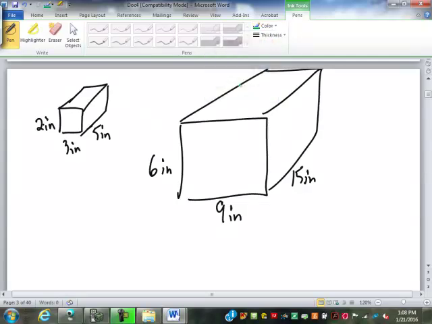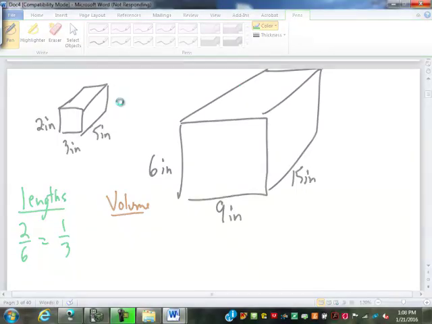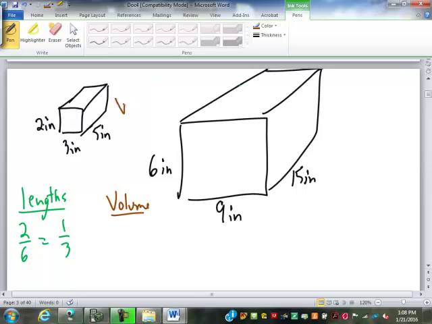So we've already figured out the ratio of lengths. I can take any side, the 2 to the 6, the 3 to the 9, or whatever. It's a 1 to 3 ratio of lengths. What's the volume of this? 2 times 3 times 5 is 30 inches cubed, correct? Okay.